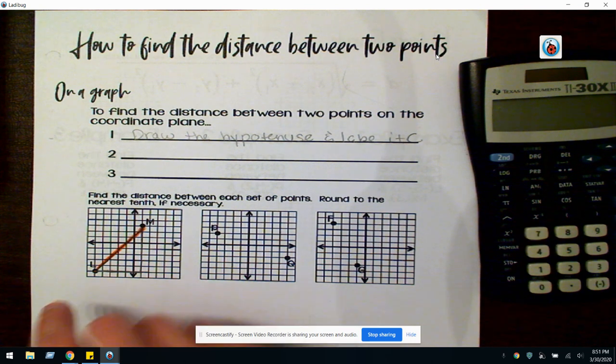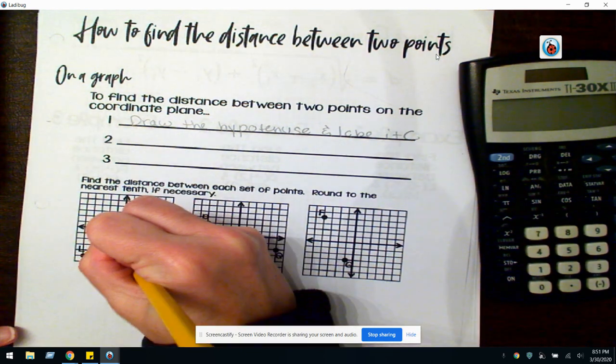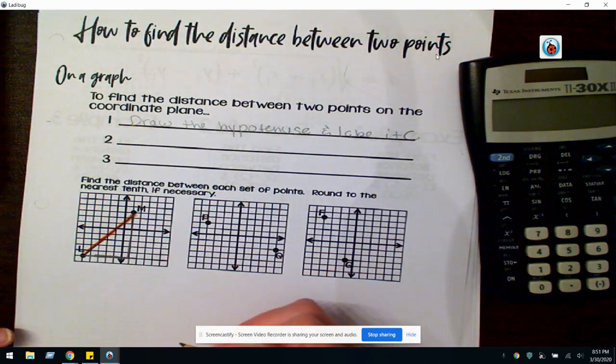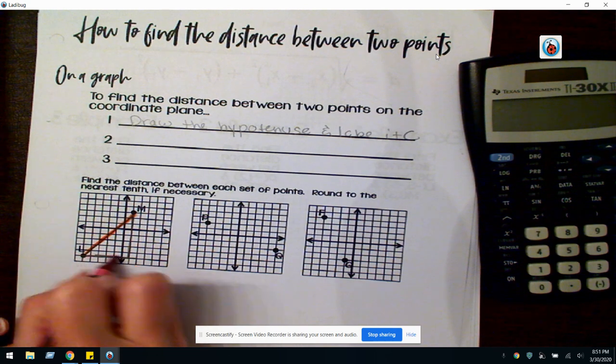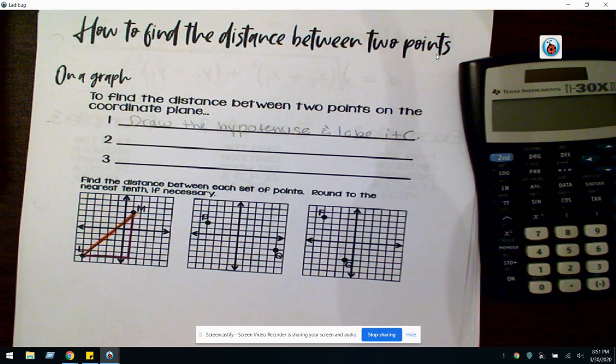Well, to figure this distance out, we need to find our two legs. So here our legs are the horizontal and then the vertical distance between L and M. So here and here, and we can count those.